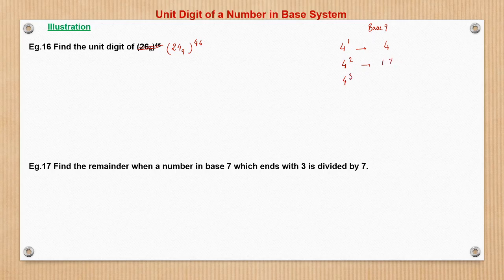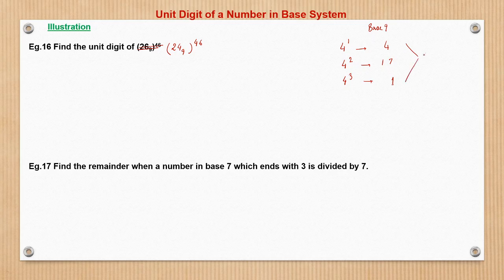Now 4 cube is 4 squared into 4, so that is nothing but 4 into 17. 4 into 7 gives the unit digit, that is 28. 28 when converted to base 9 gives 3 1. So we retain 1, right? So here we get the 1.